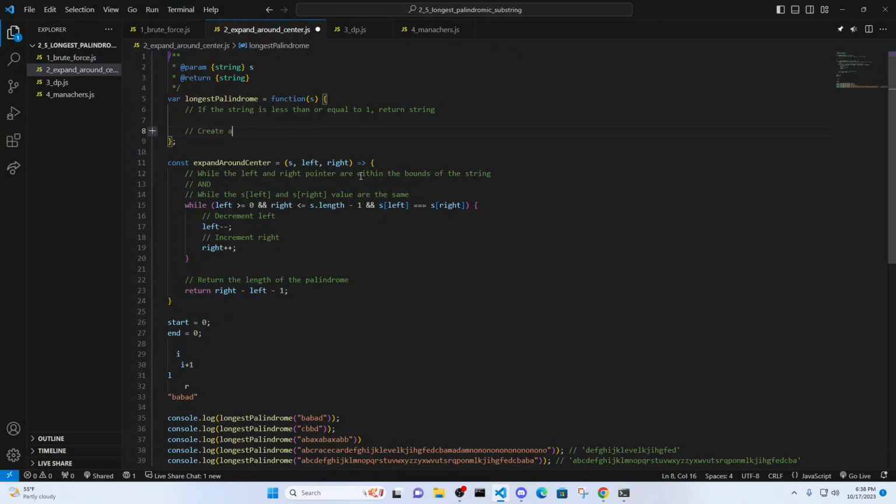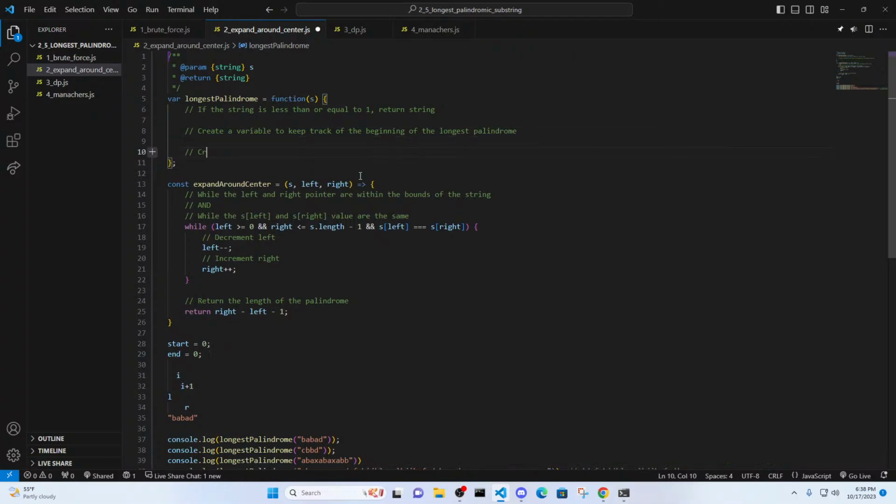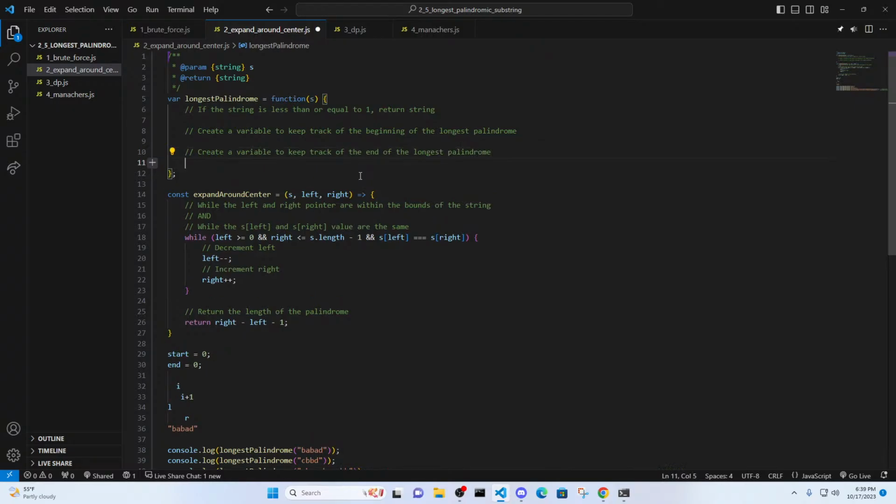So we'll go ahead, create a variable to keep track of the beginning of the longest palindrome. We'll create a variable to keep track of the end of the longest palindrome.